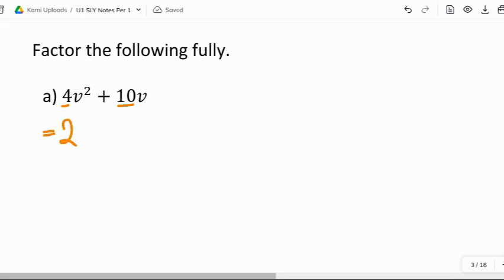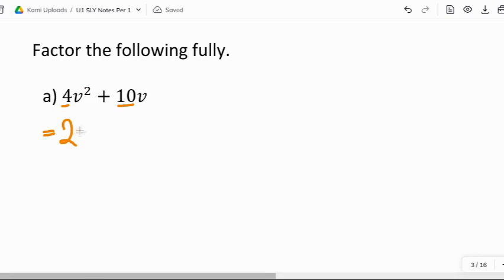And then when I look at the variable, it's literally the one that has the lowest exponent. So as long as both terms have the same variable, the common factor is the one with the lowest exponent. What is the variable common factor here? Is it v or v squared?